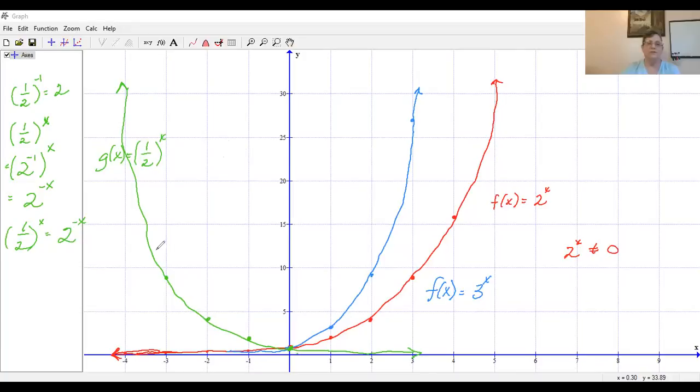And so if your base is between 0 and 1, your graph's going to be decreasing all the time. If your base is between 1 and infinity, your graph's going to be increasing all the time. The domain of an exponential function is all real numbers.